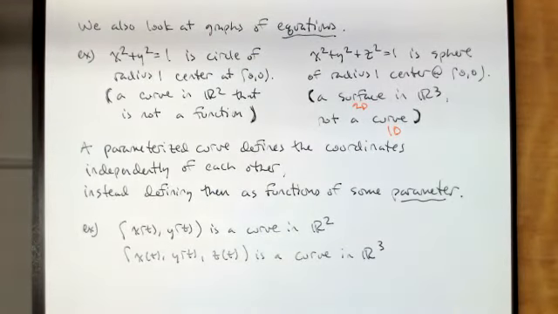So I'm just telling you how to find points x of t and y of t. You plug t into each of the coordinates, and that's your point. And you plug another t into your coordinates, that's another point.